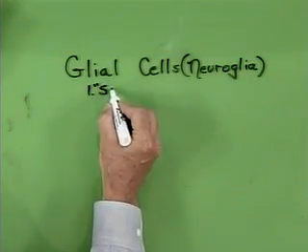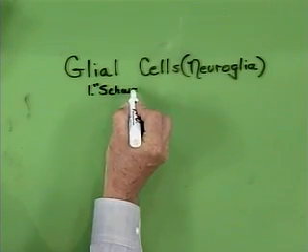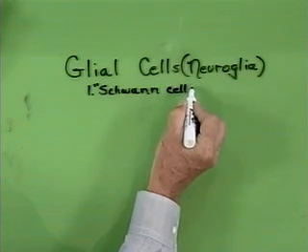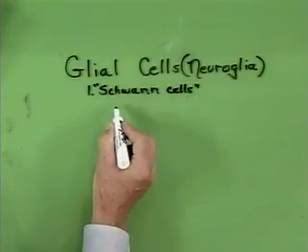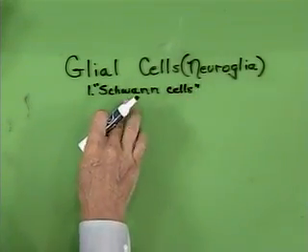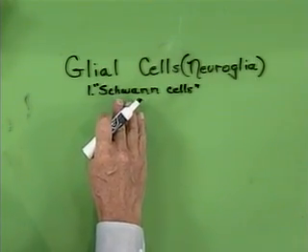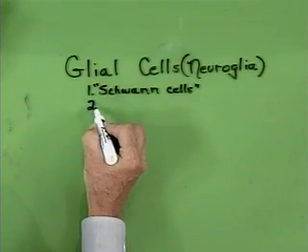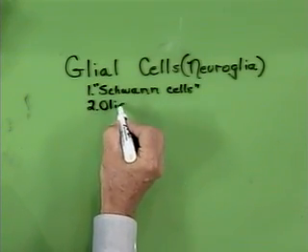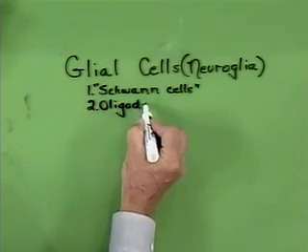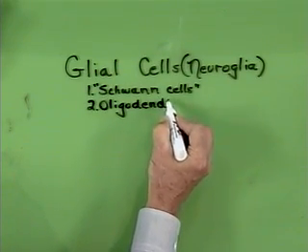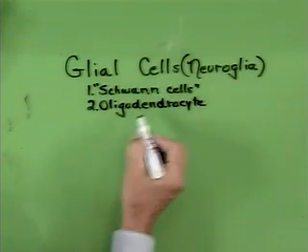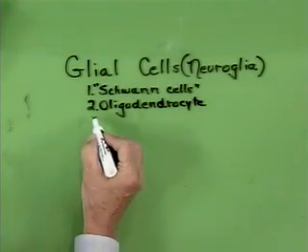One has been called for years Schwann cells. A more modern name for this, although you'll still see Schwann cells in most textbooks, is neurolemmocyte. The second one is oligodendrocyte, also called oligodendroglia.